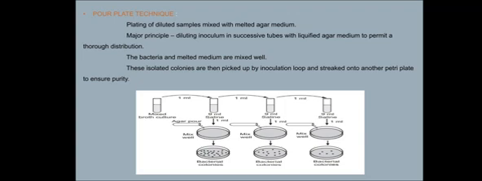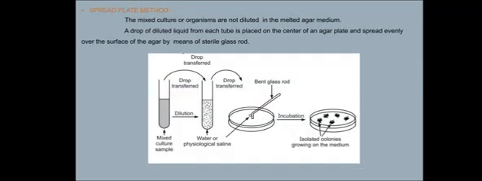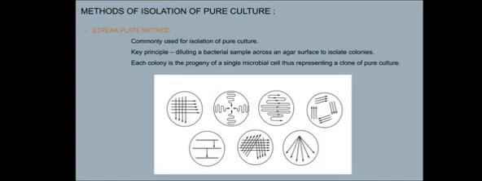And the spread plate technique is different from the pour plate technique. Here we do not mix the sample with the melted agar. Instead, the melted agar is solidified, and the diluted sample is spread over the solidified agar plate.